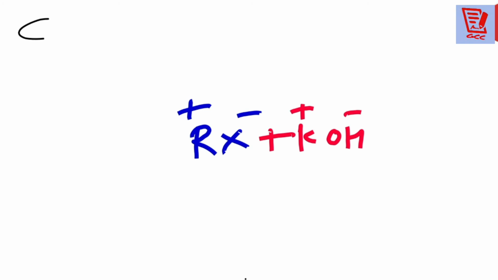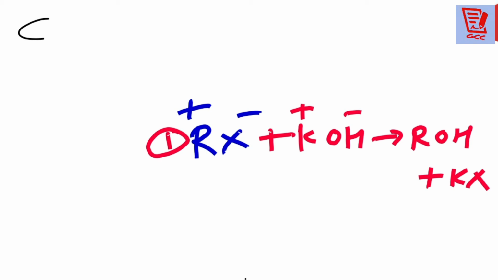Now tell me which one is the nucleophile? Yes, OH negative is the nucleophile. So here the product will be ROH plus KX. Is that clear? Are you getting my point? This is number 1, where we have replaced the X negative with the hydroxyl group.